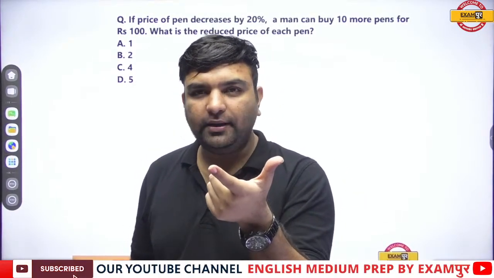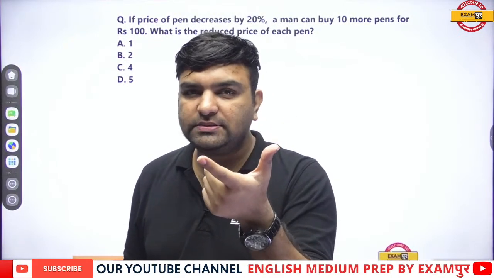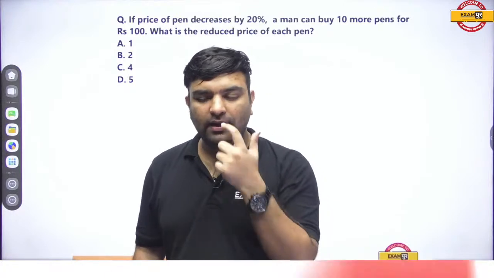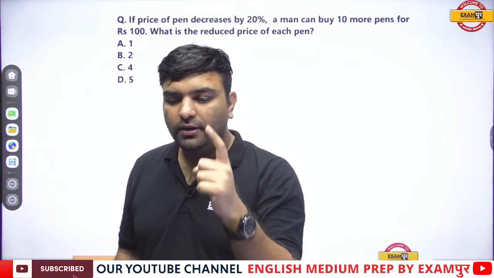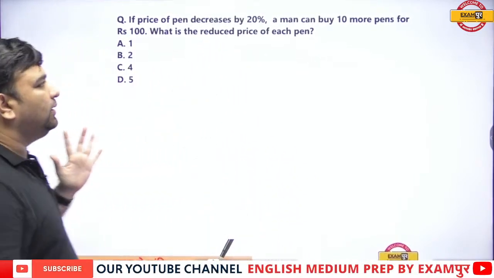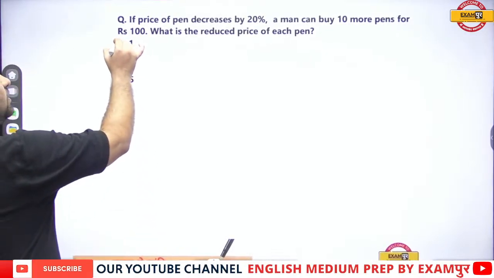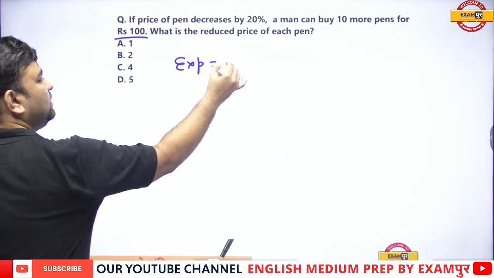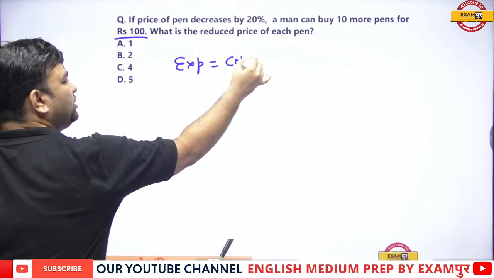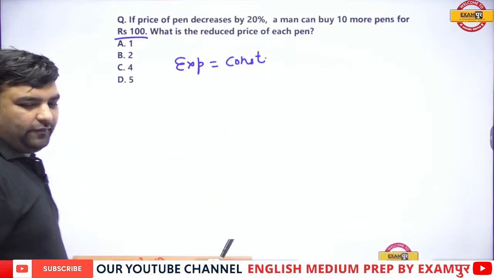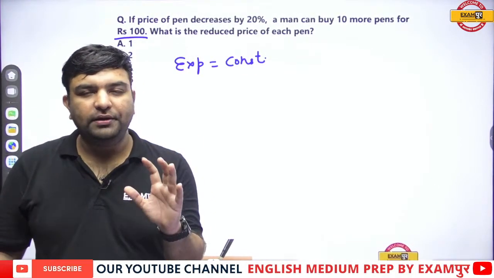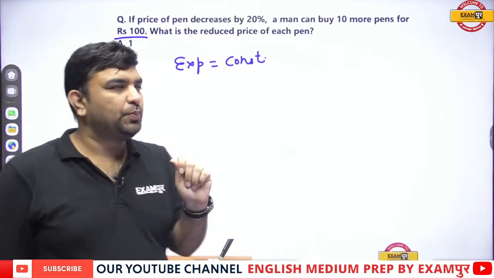Expenditure is constant. Initially you are spending 100 rupees, and as of now you are also spending 100 rupees. This is the point which needs to be understood. If expenditure is constant, then price ratio and quantity ratio change in inverse proportion.